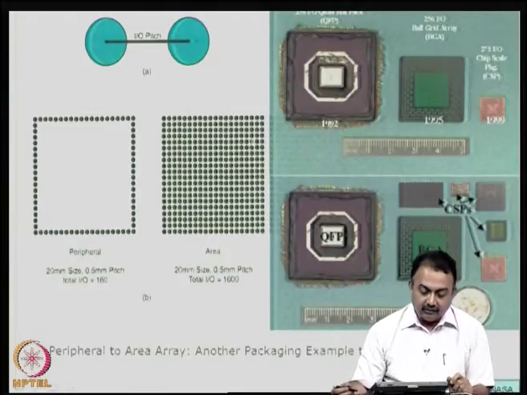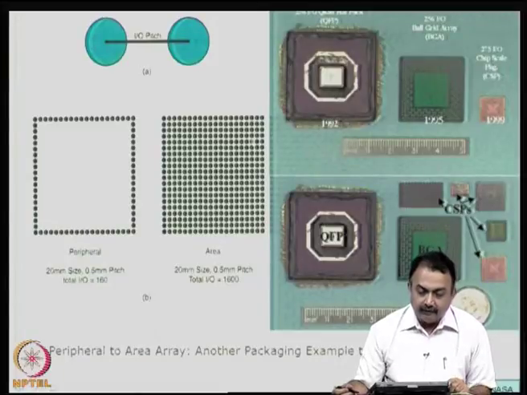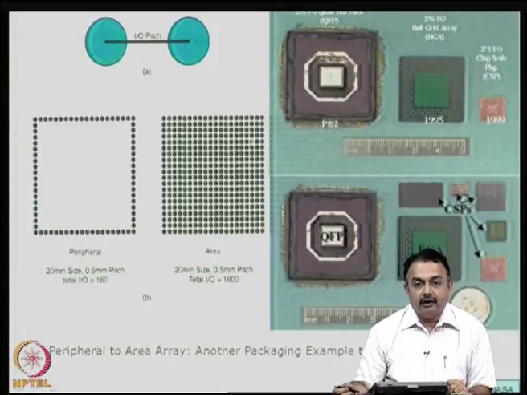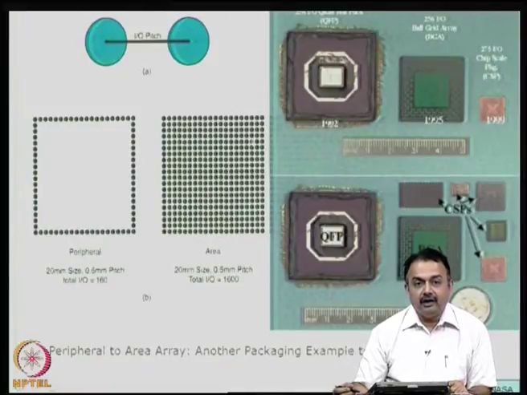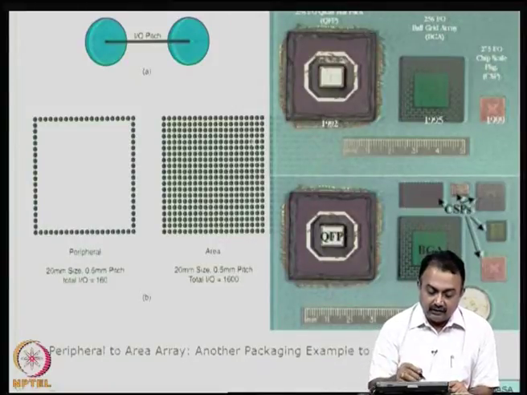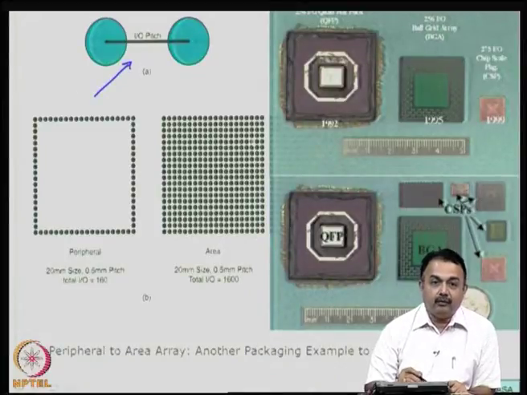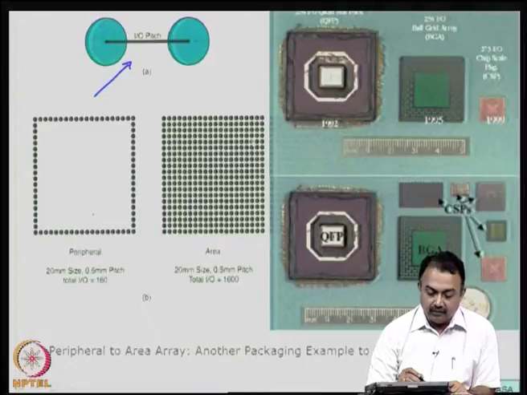Now, this figure will give you some idea about the utilization of the area under the die. Firstly, if you look at this figure at the top, I have defined what a pitch is: input output pitch, IO pitch.